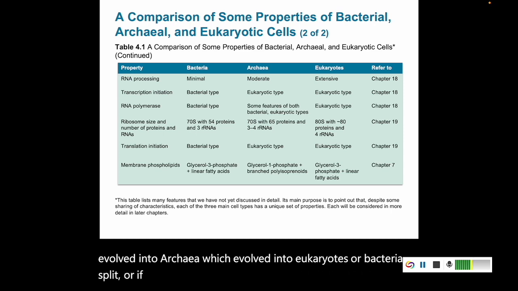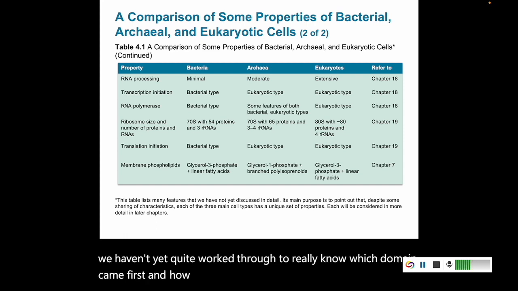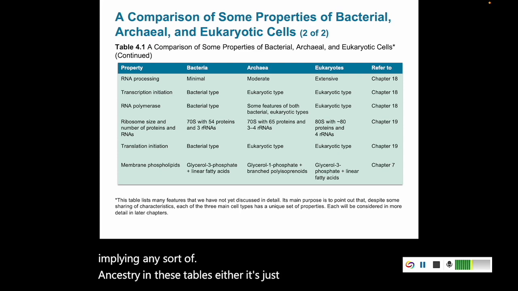There's a lot of conflicting evidence that we haven't yet quite worked through to really know which domain came first and how that led to all of the other ones. So I'm not implying any sort of ancestry in these tables either. It's just comparing those different traits of these different cells.